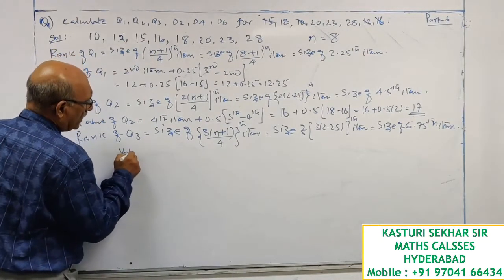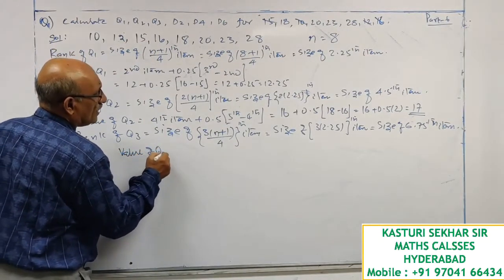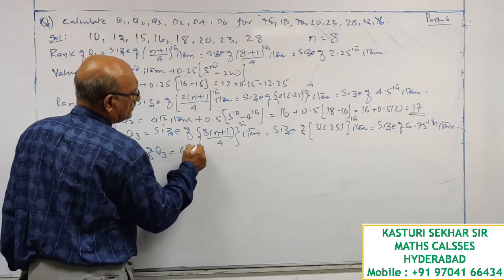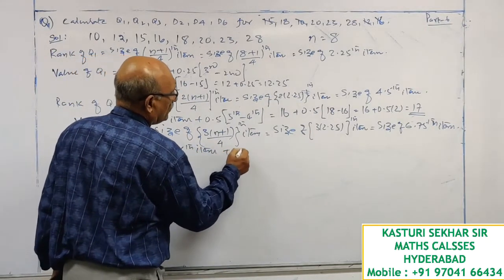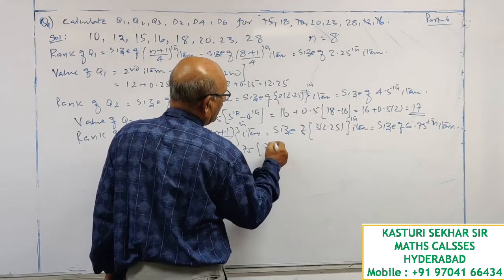So value of Q3 is equal to sixth item plus 0.75 into seventh minus sixth.